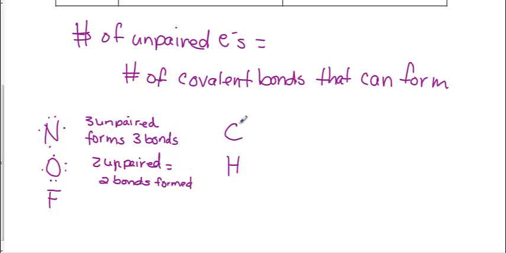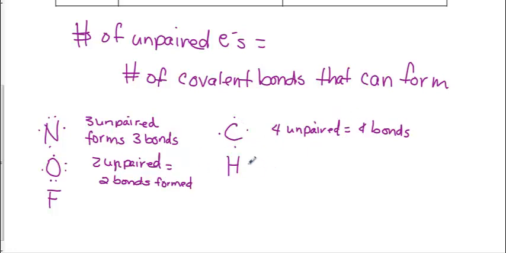Notice the pattern. Carbon, okay? Carbon has 4 valence electrons, 1 on each side, okay, which means that there's 4 unpaired and 4 bonds. And this is always going to be the case. There's nothing else that can happen. Nitrogen is always going to form 3 bonds. Oxygen has to form 2. Carbon has to form 4.